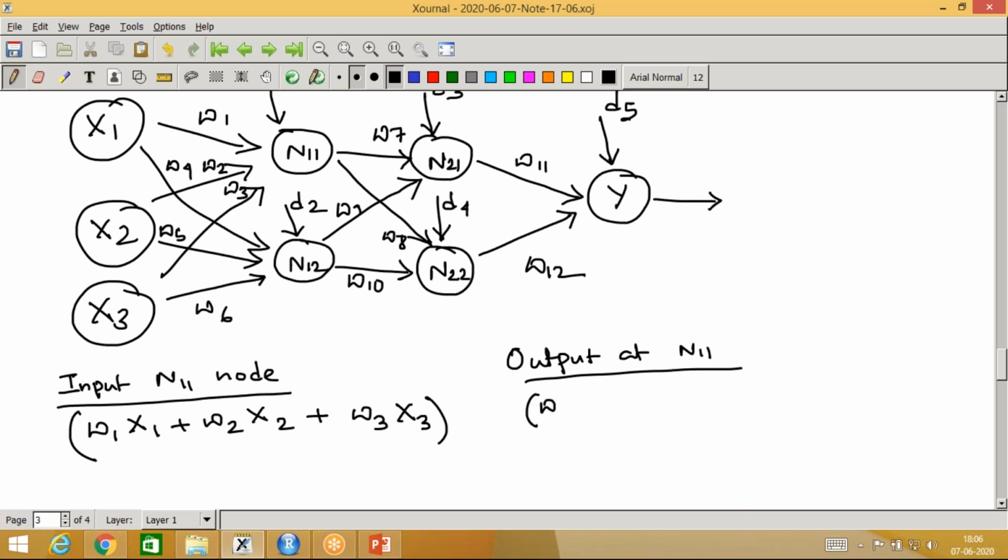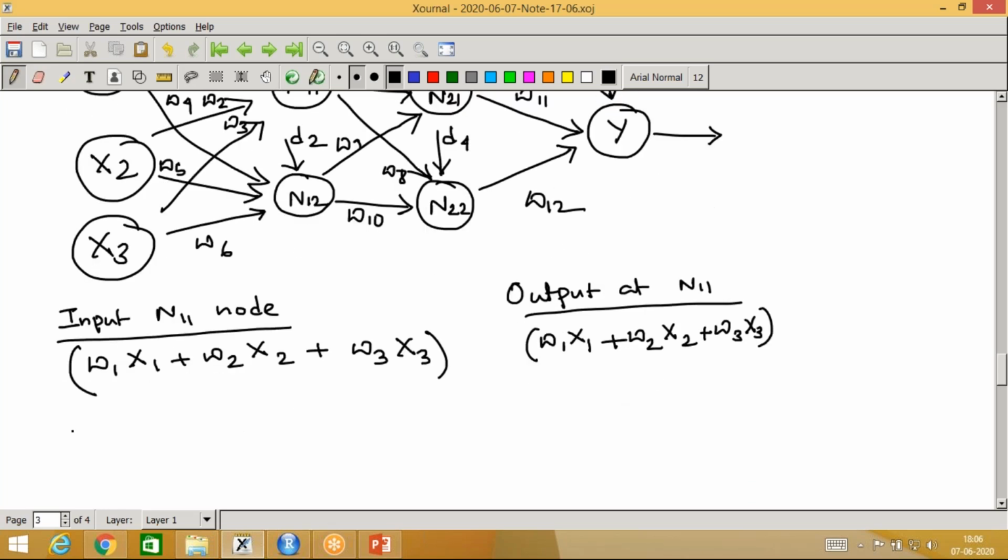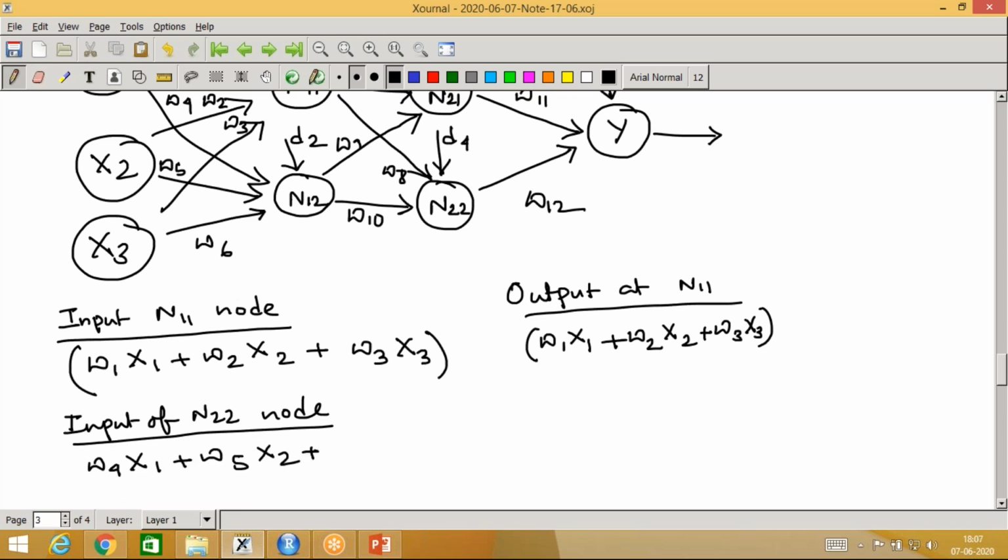Same, because f(x) is equal to x, so whatever is the input, that goes out to be the output. Exactly, that becomes the output. Fair enough. What is the input of the N22 node? And what is the output of the N22 node? The same thing.